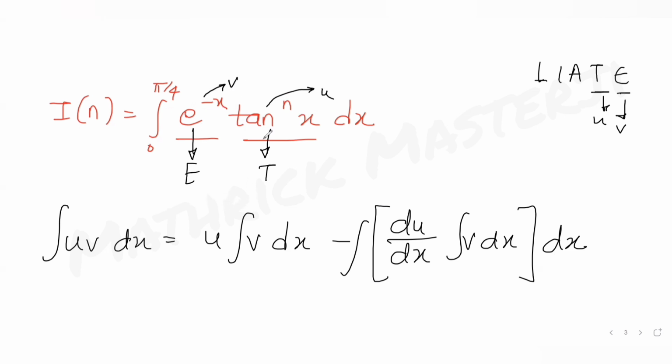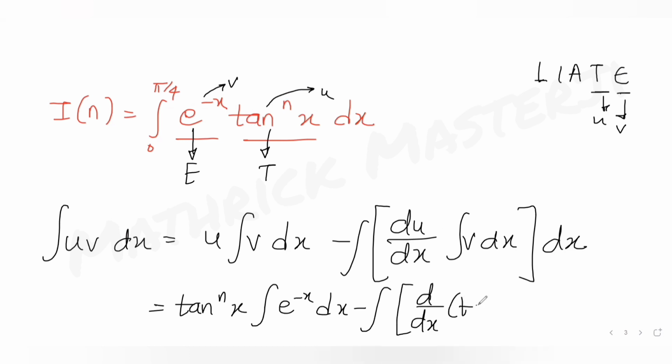Once I have u and v, if I solve for that, I get tan raised to nx times the integral of e raised to minus x dx, minus the bigger integral of the derivative of tan raised to nx times the integral of e raised to minus x dx, the whole dx.